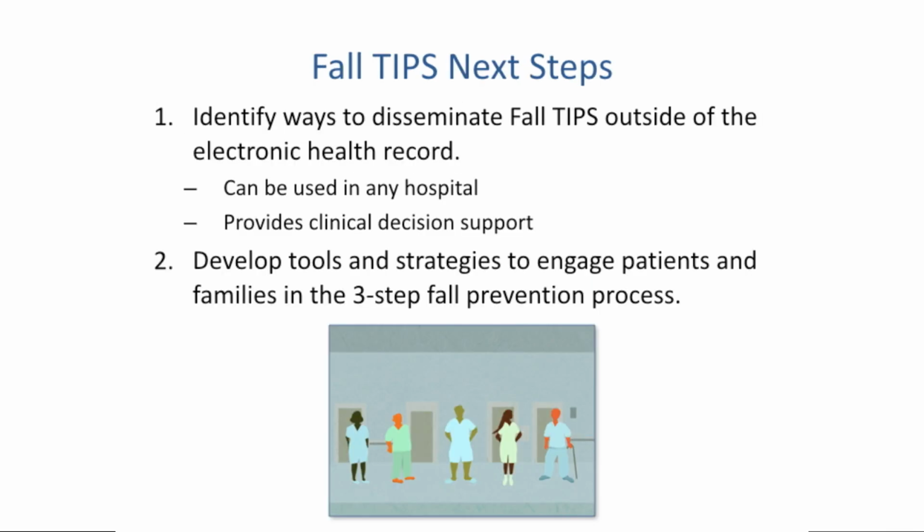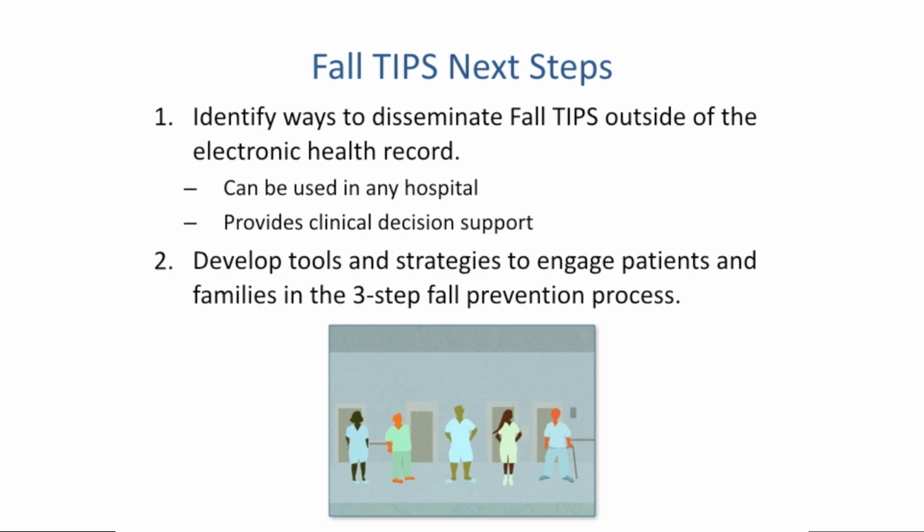We did have a couple of next steps coming out of the first set of fall tips work. One was that we had a lot of requests from hospitals all over the country asking how they could use fall tips at their hospital if they didn't have an electronic record or a sophisticated electronic record. They wanted to know how they could implement this evidence without the electronic record.